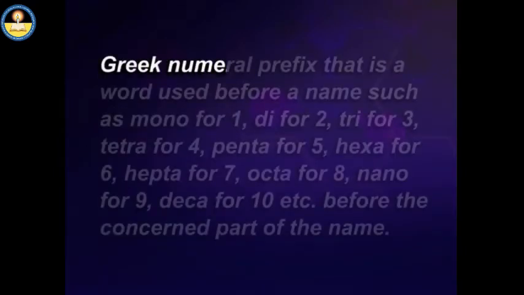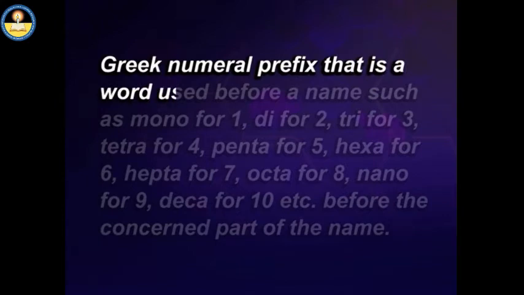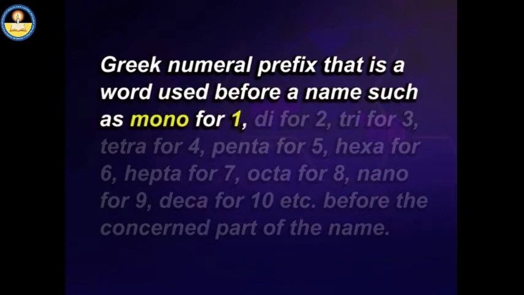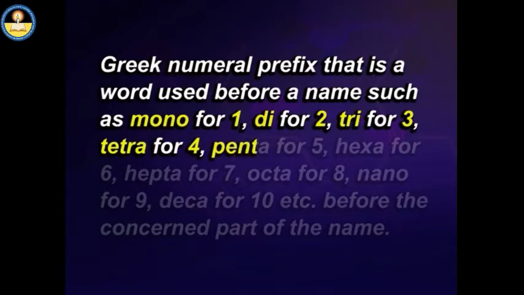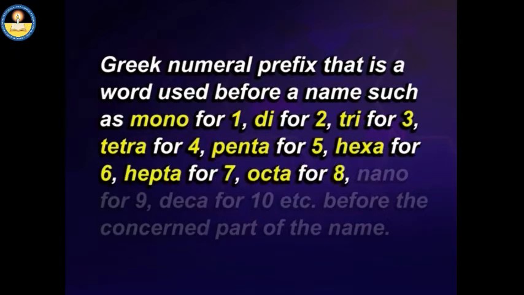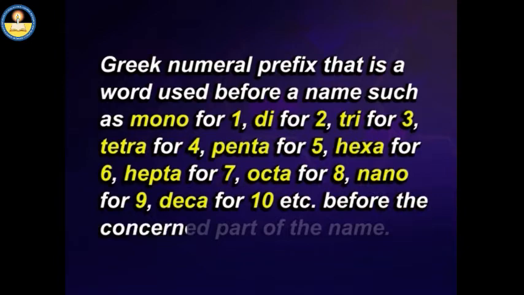Greek numeral prefix, that is a word used before a name such as mono for 1, di for 2, tri for 3, tetra for 4, penta for 5, hexa for 6, hepta for 7, octa for 8, nona for 9, deca for 10, etc. before the concerned part of the name.